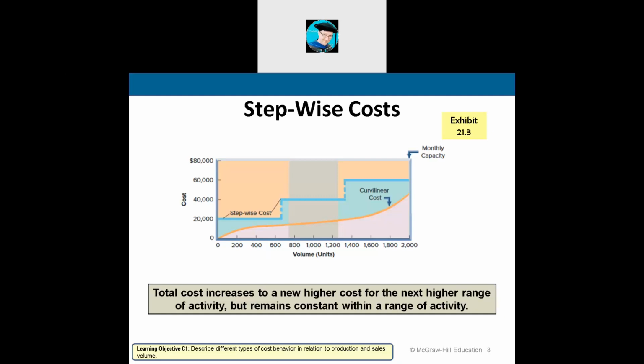The cell phone company will say, hey, we got a great deal. We'll give you 1 gigabyte of data and unlimited calling and text for, say, $20 a month.